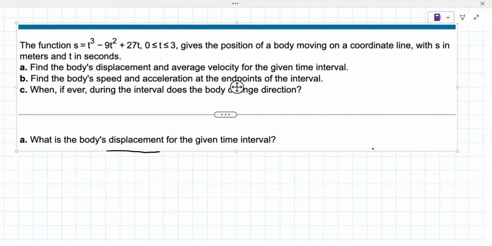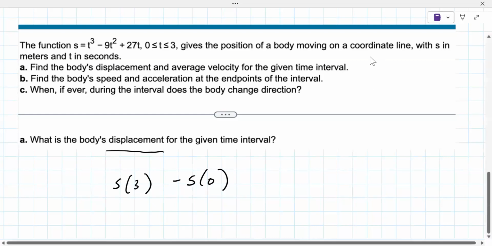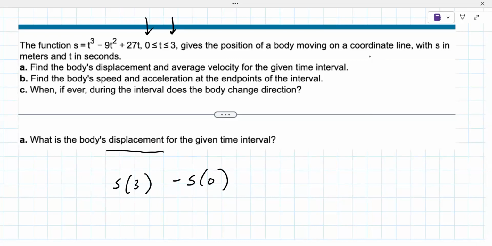So the displacement here, we can get in a really long conversation about displacement, but the short of it is you're going to find s of 3 and subtract s of 0. The reason it's 3 and 0 is because those are the endpoints there.